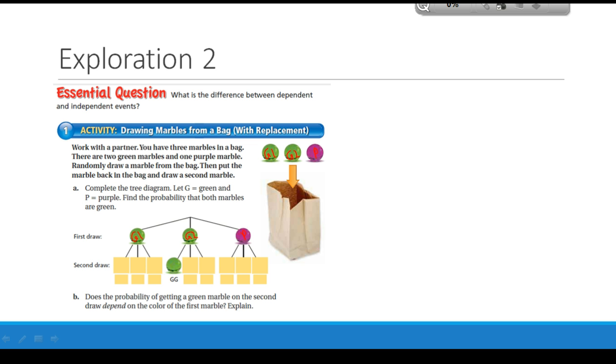So for the second draw, let's say we did draw green 1, we put it back in. So green 1 is available again for us to draw, and green 2 is still available for us to draw, and our purple is available.